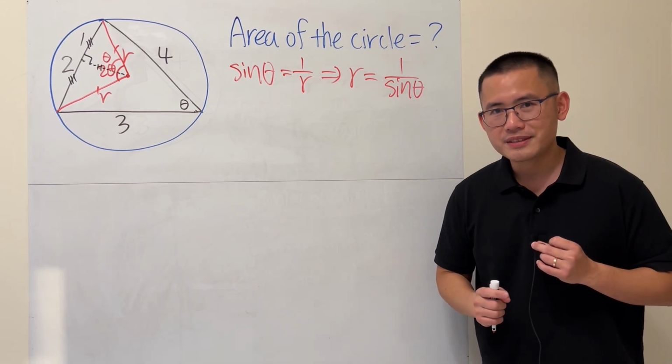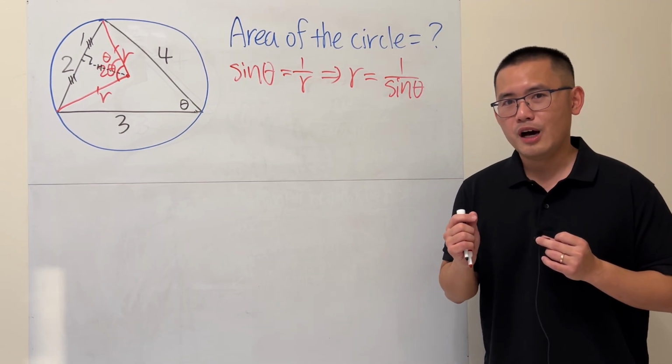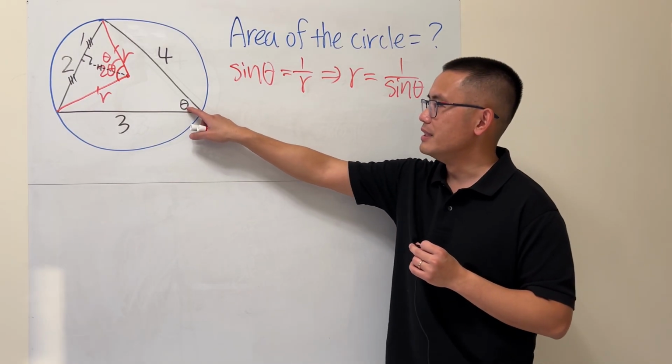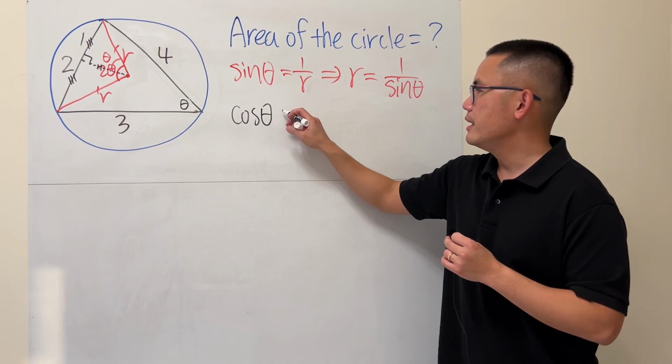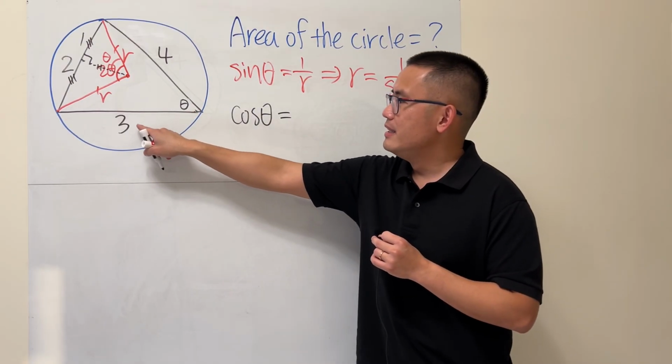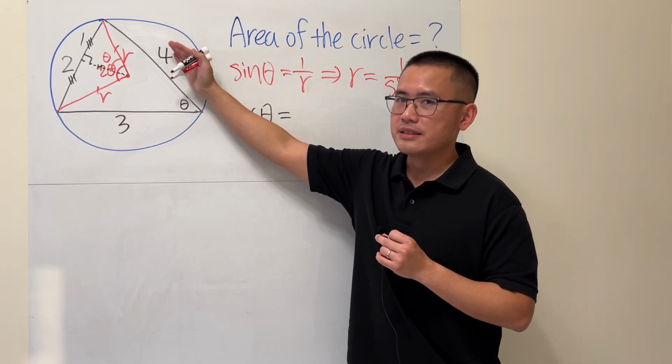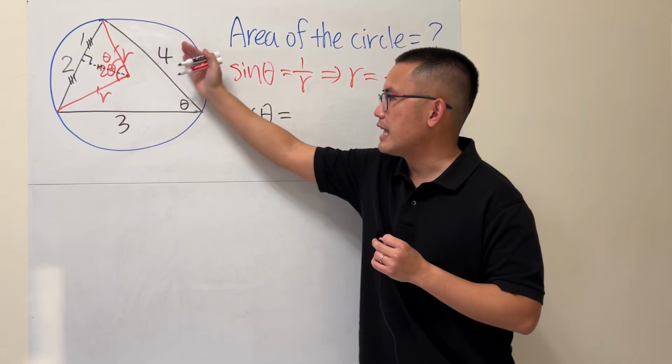Now, per our discussion earlier, we can use the law of cosines to figure out this angle here, which says cosine theta is equal to this squared plus that squared, right? It's the sum of the squares of the adjacent sides.